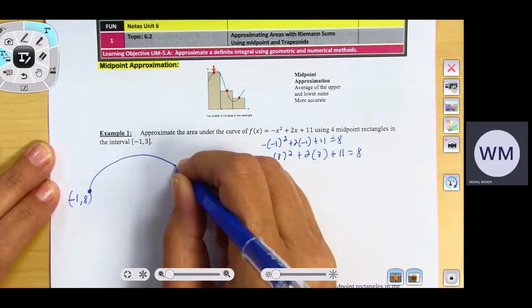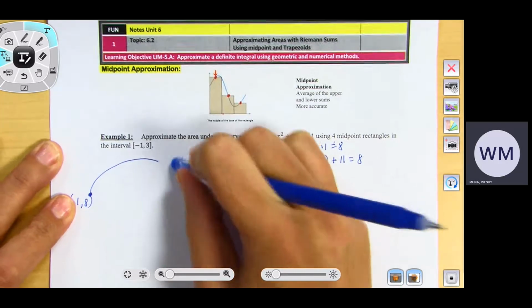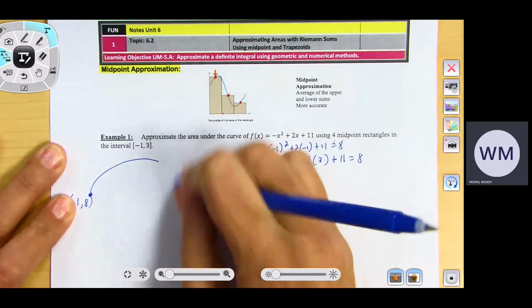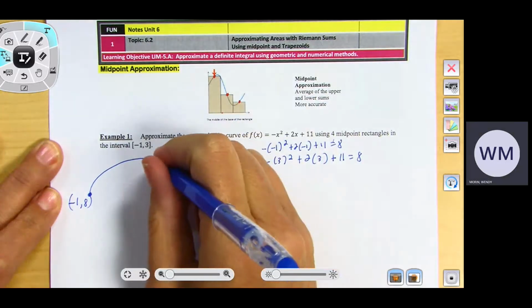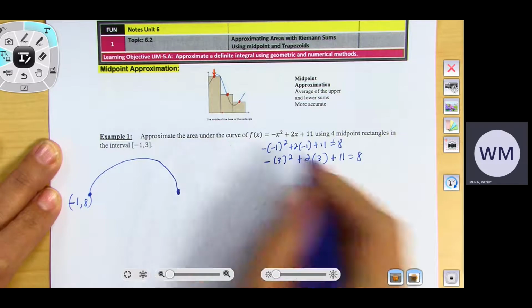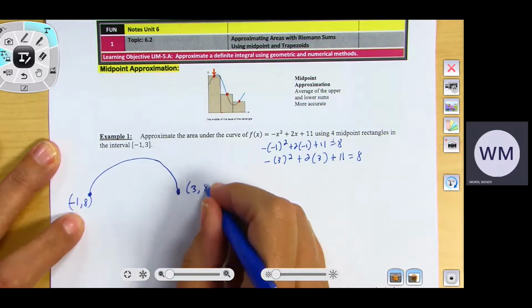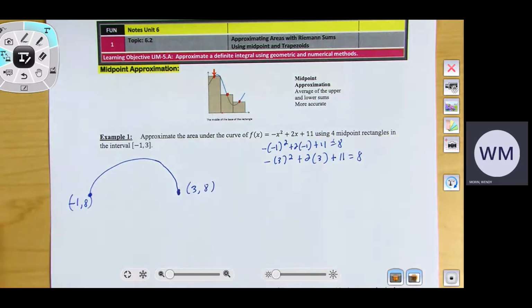Okay, so it's going to be the same y values. So we're going from (-1, 8) to (3, 8). Okay.